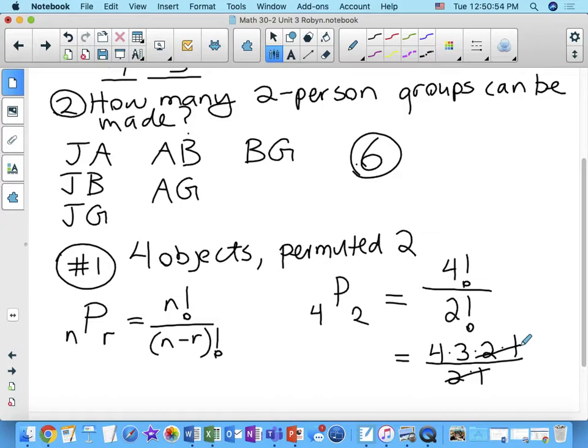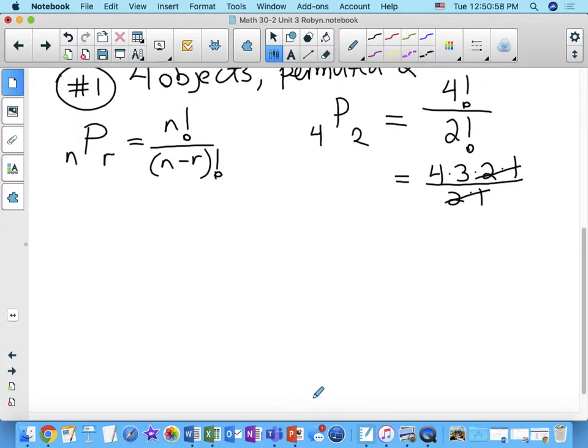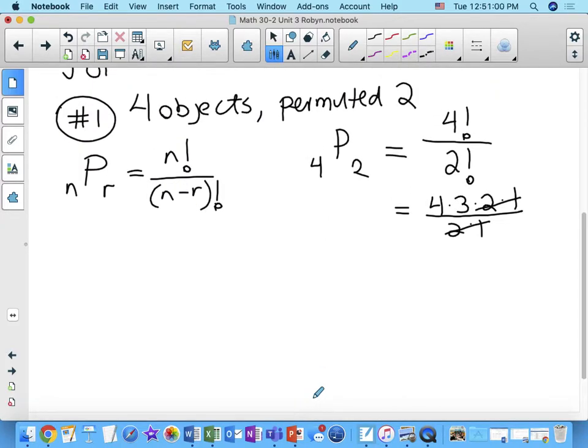In the second question, we started with how many objects? 4.